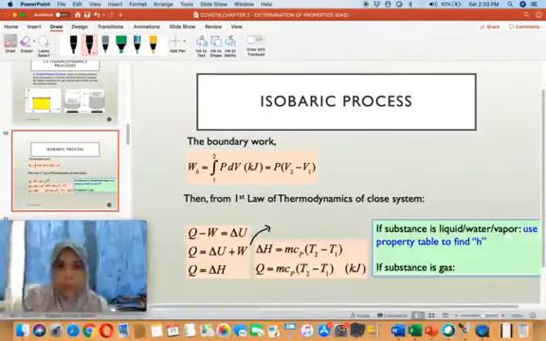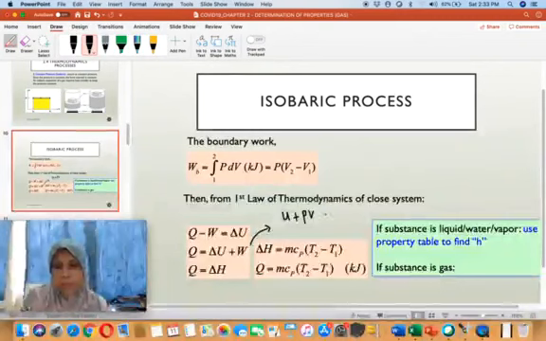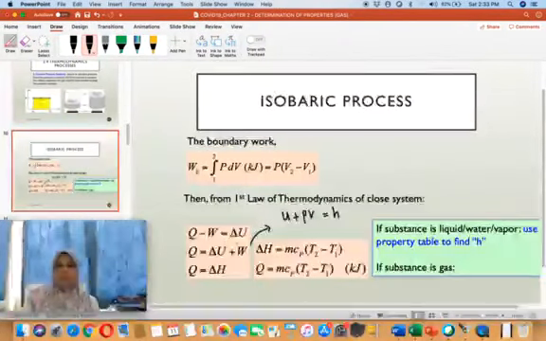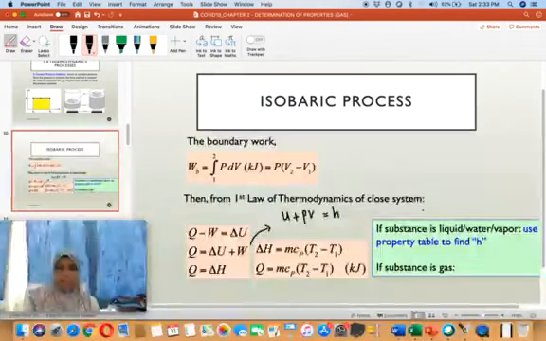Okay, U plus W. So, U plus W is equal to PV. If you still remember, U plus PV is enthalpy. So we replace U plus W. Since this is a capital W, therefore H will be in capital. So Q is equal to delta H, enthalpy.